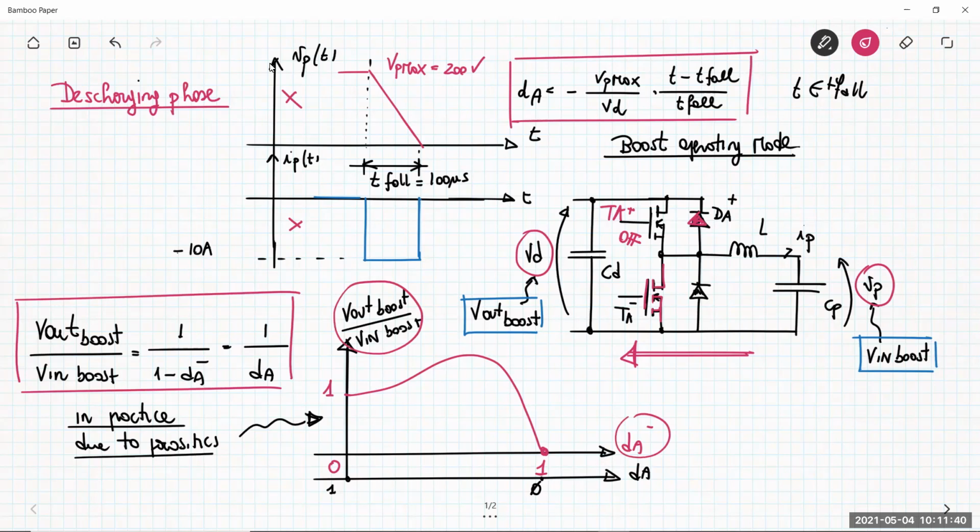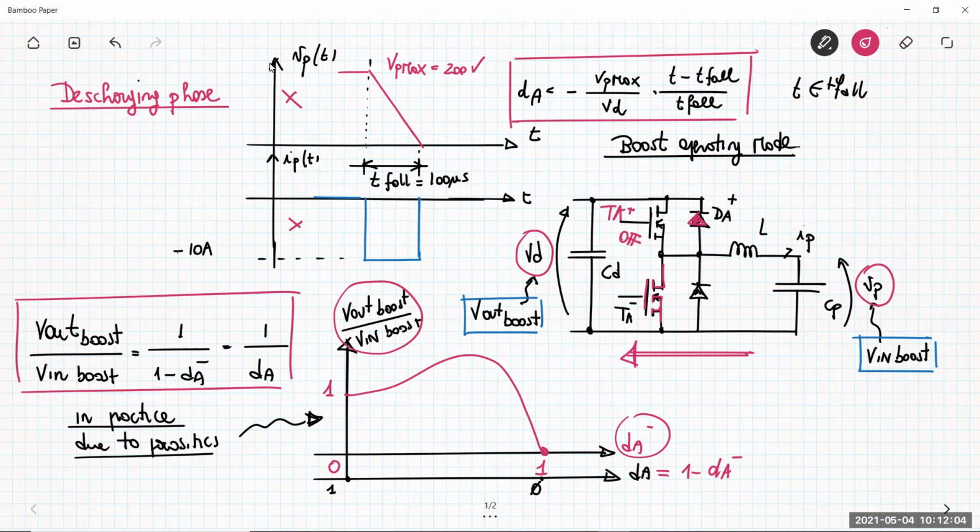The same horizontal axis can also be discussed in terms of dA, which is 1 minus dA minus, if you want. And so this is the point that we had last time. What happens in the discharging phase, in which you have the boost operating mode, is that you are recovering the energy.